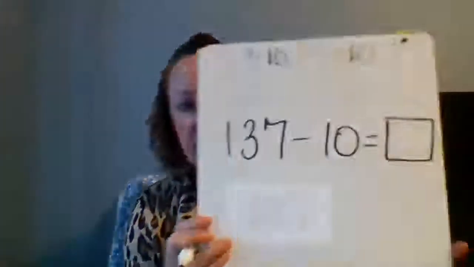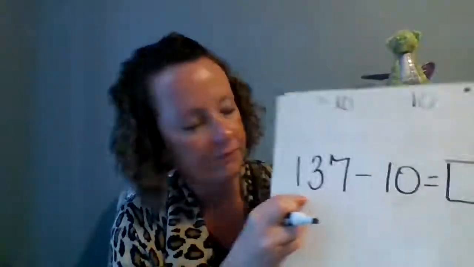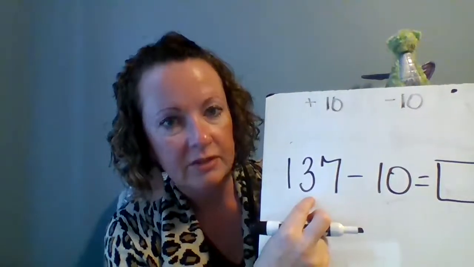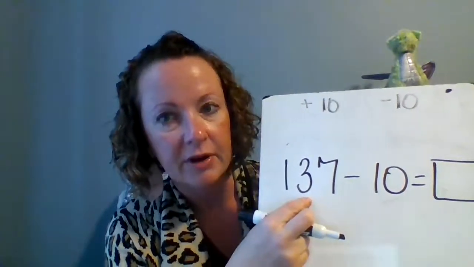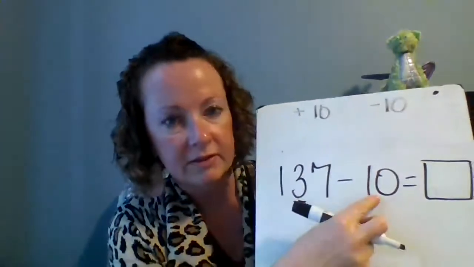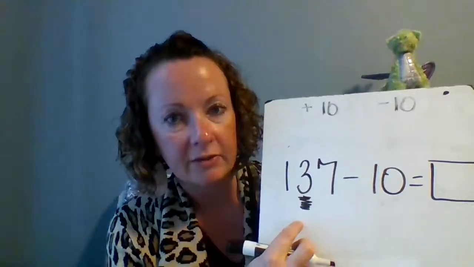We can do this. Let's do one number with hundreds, okay? Let's do 137 minus 10. Now this is where it gets a little harder because you've got 3 digits here. These are the ones. This 3 is the number of tens. 3 sticks of 10. This 10 tells me I'm only bothering with the tens place.